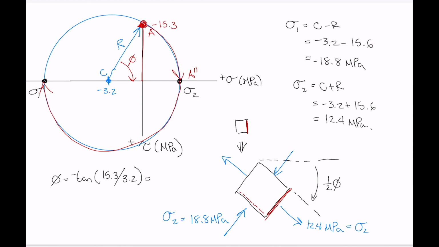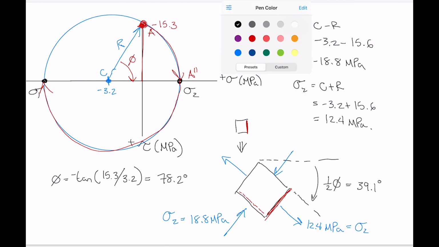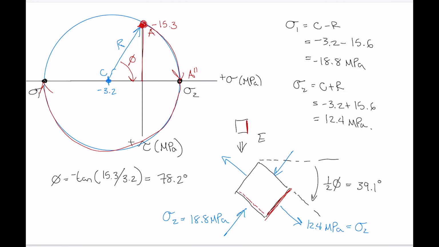And that is equal to, let's just see here, 78.2 degrees. Okay, so we've got 1/2 phi is 39.1 degrees. Perfect. So again, this picture here is the fully defined stress state of the element that experiences principal stress.